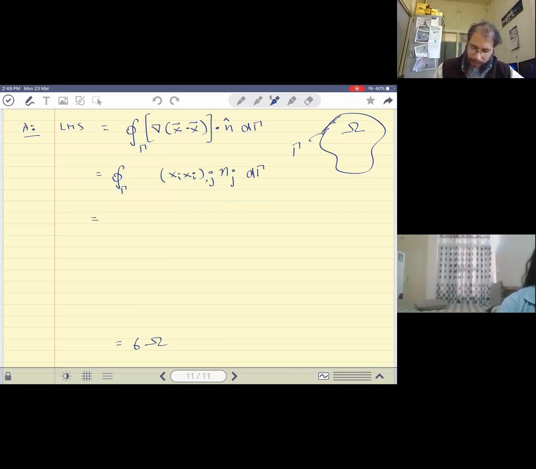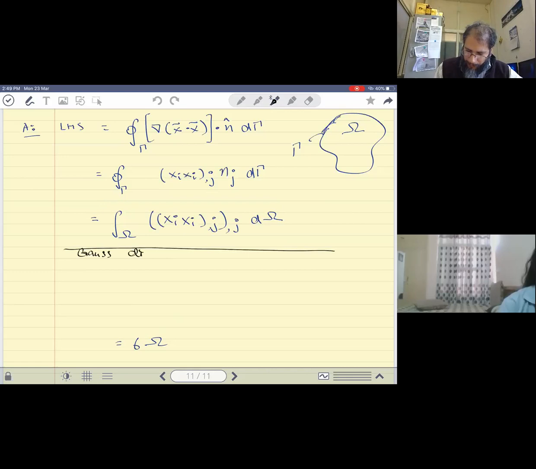What that says is that this integral is equal to the volume integral. So, for a quick recap, I will write the Gauss divergence theorem here, or just Gauss's theorem, the general one.